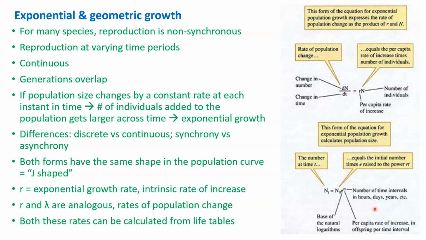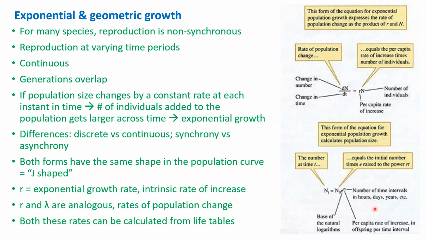So if population size changes by a constant rate at each instant time frame, and now we are going by instant time frames because we can no longer talk about discrete time intervals, the number of individuals added to the population within these instant time frames gets incrementally larger over time. Since the reproduction is no longer limited to discrete time intervals, you end up with exponential, continuous growth.